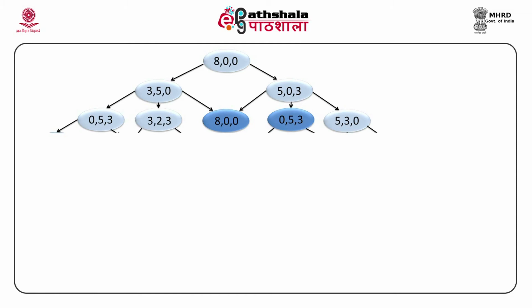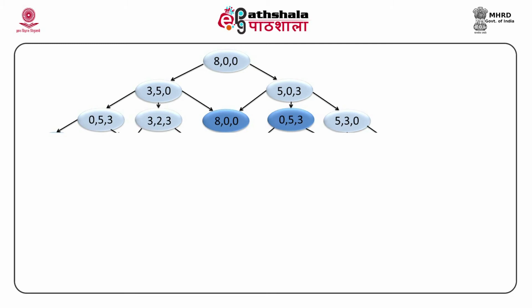We have already seen that this is something we would like to avoid. It is a cycle, and that is why it is represented in a darker fashion. Okay, 503, one typical result is again 800, which we will not explore further because it is a cycle. One more possibility is 053, and why is it darkened?